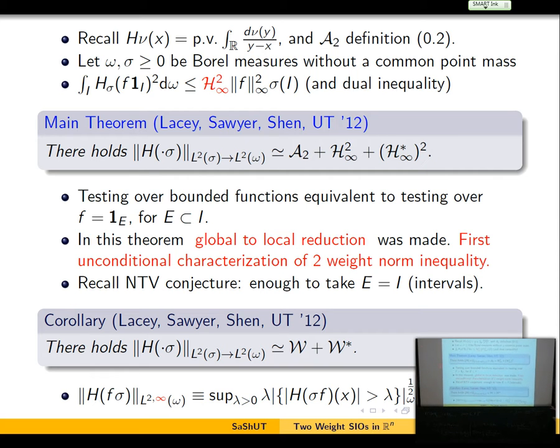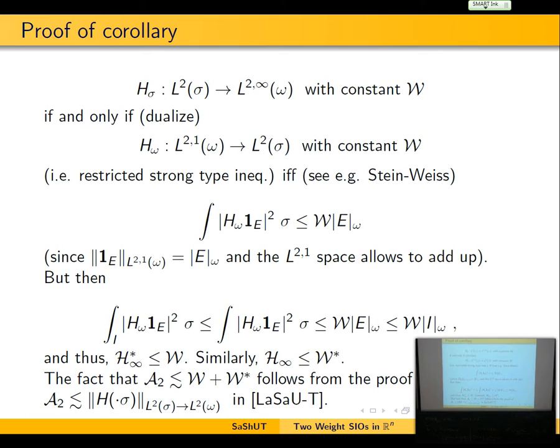So as a corollary of this theorem, you have something that already appeared in the solution of the A2 conjecture, which is that the strong norm inequality is equivalent to the two weak inequalities, the weak and the corresponding dual. Okay, and it's nice. Anyway, the proof of the corollary, assuming the theorem, is very short.